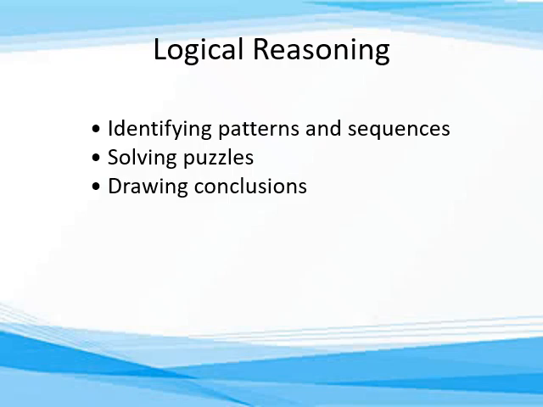Another quantitative reasoning is known as logical reasoning. This is identifying patterns and sequences. That is, it involves thinking in patterns and solving puzzles. This helps in drawing conclusions and improving thinking skills.